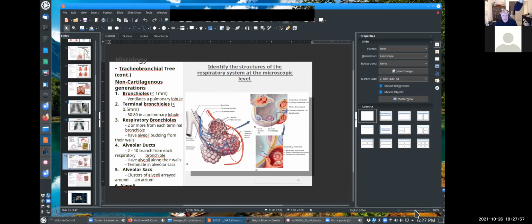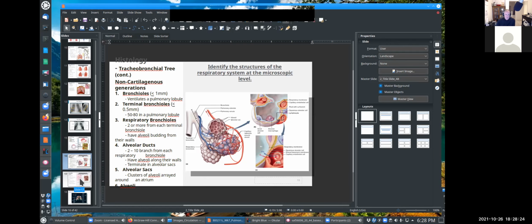Now we get out below the cartilaginous divisions, then it starts breaking into non-cartilaginous divisions. So you have bronchioles, you're down to a 1 millimeter size airway, and then terminal bronchioles.